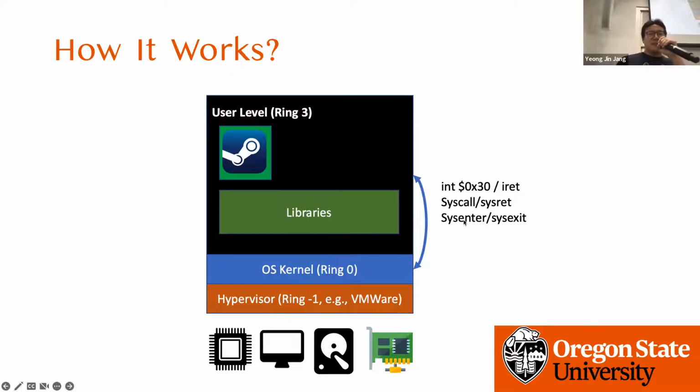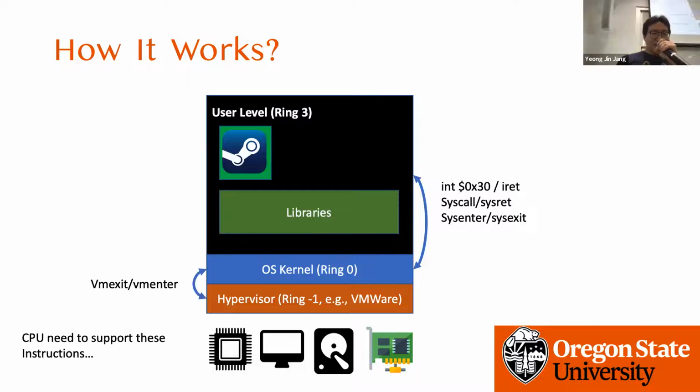Although we did not cover syscall and sysenter, you can think of it as the same as the interrupt handling trap, and then we can get the trap frame and control over all the environments. Yeah, that's the thing. And then Intel and AMD inserted two instructions called VM-exit and VM-enter. It's very similar to sysenter and sysexit, right?